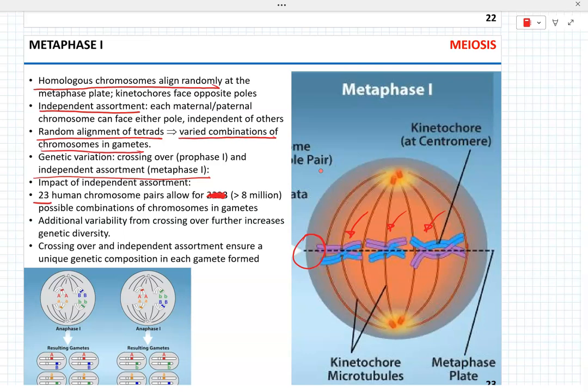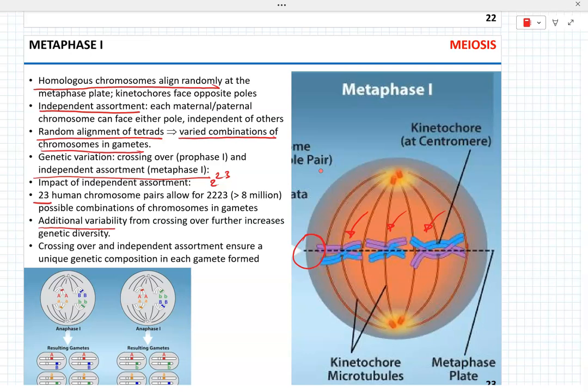It allows for 2 in the power of, I think, 23. So more than 8 million possible combinations of chromosomes in gametes. You can imagine how diverse the population of gametes can be.